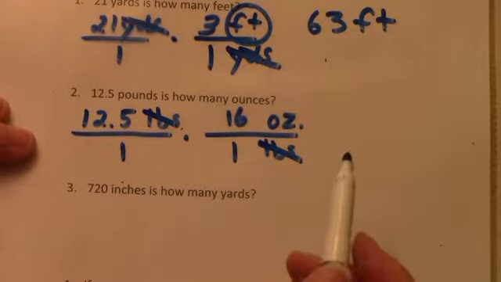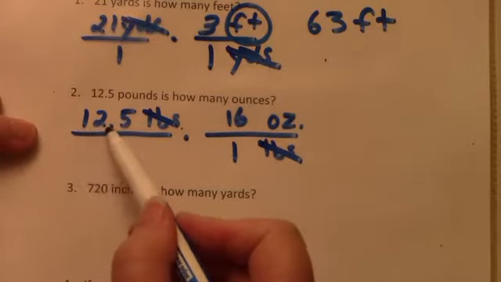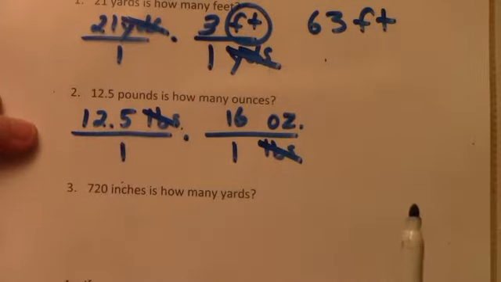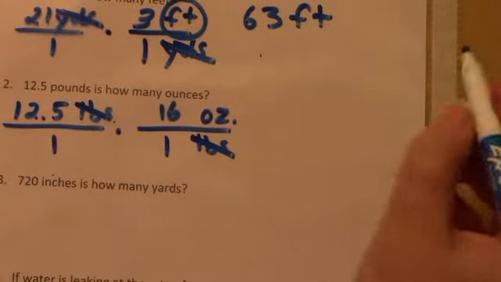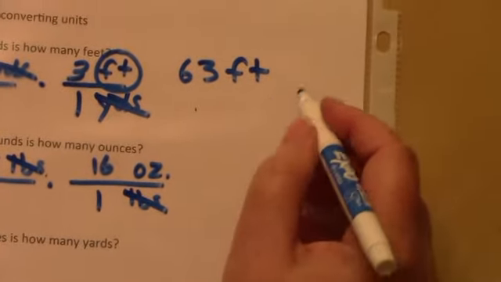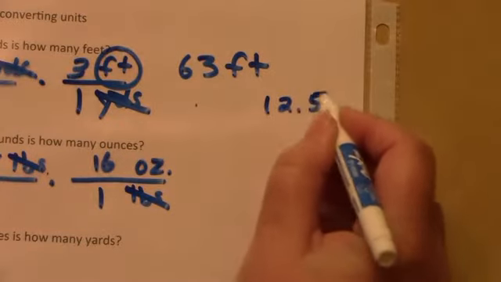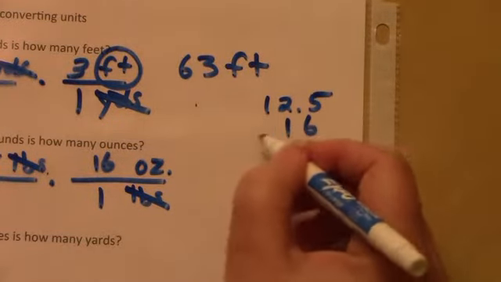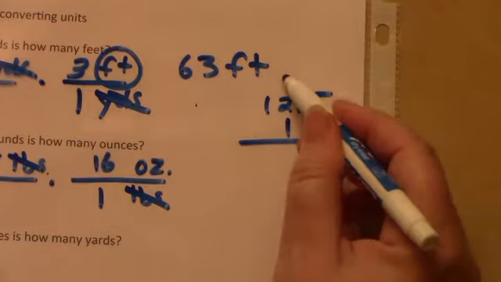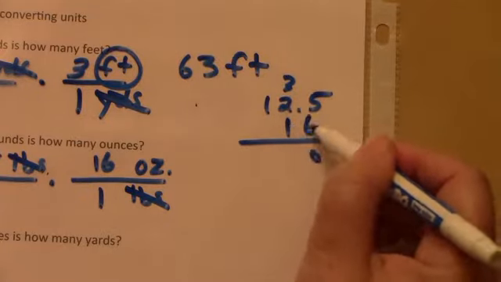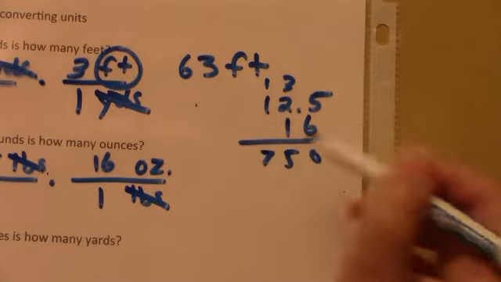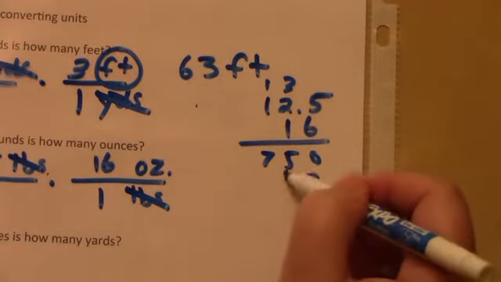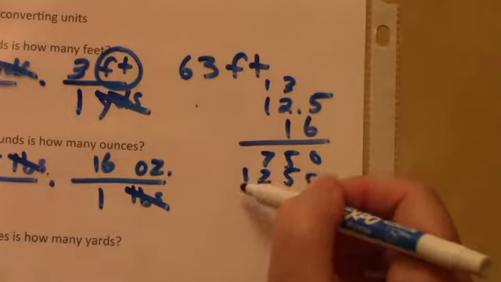I don't know why I picked such yucky numbers, but let's do it. 12.5 times 16. Well, how do we multiply with decimals here? Let's do it over here where we have some room. 12.5 times 16. 6 times 5 is 30. 6 times 2 is 12, plus 3 is 15. 6 times 1 is 6, plus 1, 7. Carry my 0. 5, 2, 1.